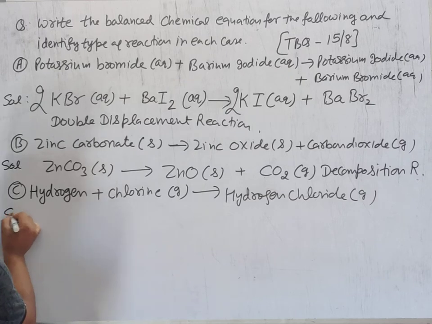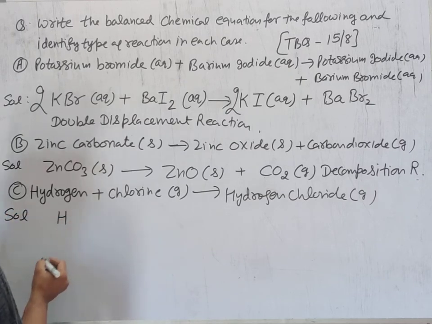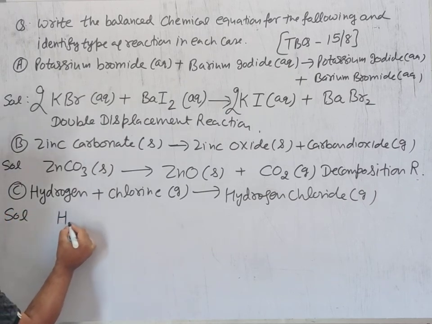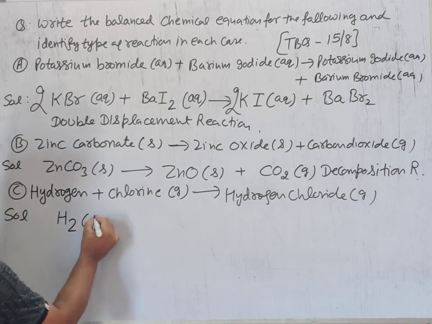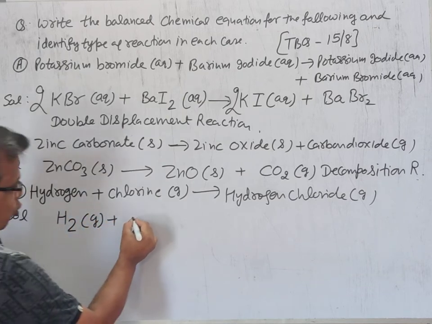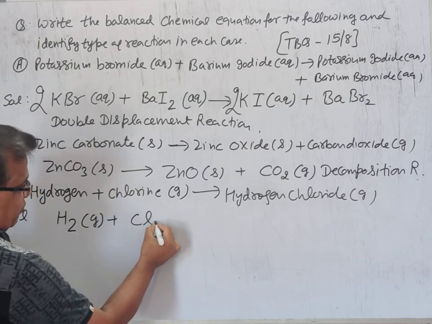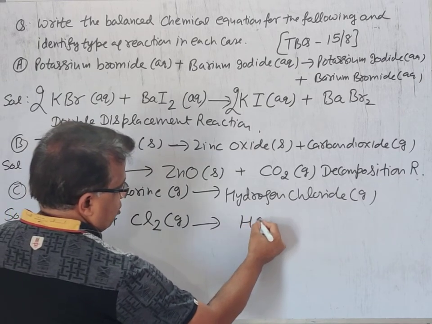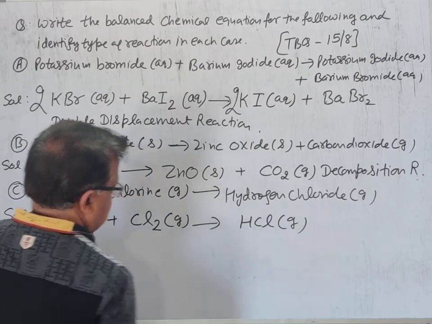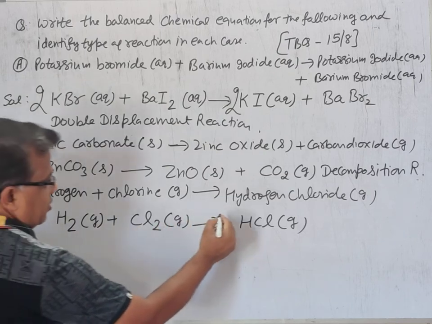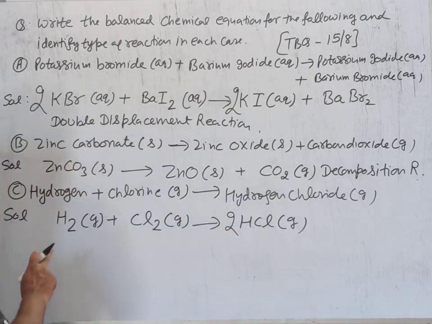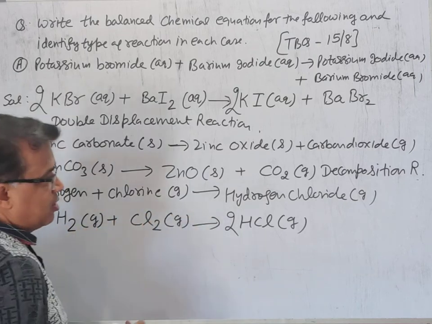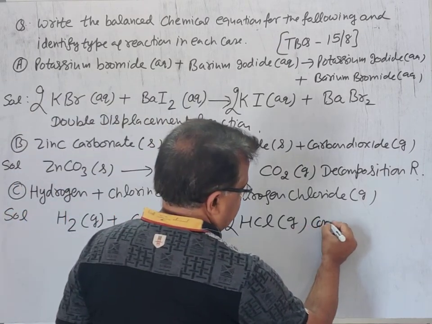So its solution: hydrogen, we never write H alone, when it is alone we write H2, which is a gas, plus chlorine, same with chlorine we write Cl2, which is a gas, gives hydrogen chloride, which is gas. For balancing, these are 2, it is 1, so we shall write 2. And which type of reaction is it? Yes, it is a combination reaction. Two reactants combine to give a single product.